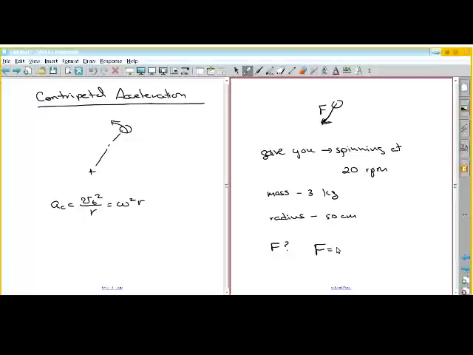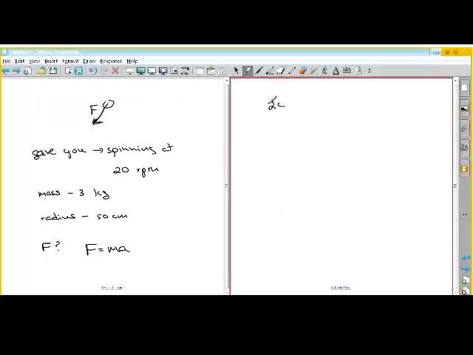So you would use Newton's second law, which would say force equals mass times acceleration, and because it's a special case of centripetal circular motion, we know that the acceleration has to be omega squared r, or v tangential squared over r. So which one makes the most sense? Well, I give you the speed. It's in the wrong unit, so we have to convert that.